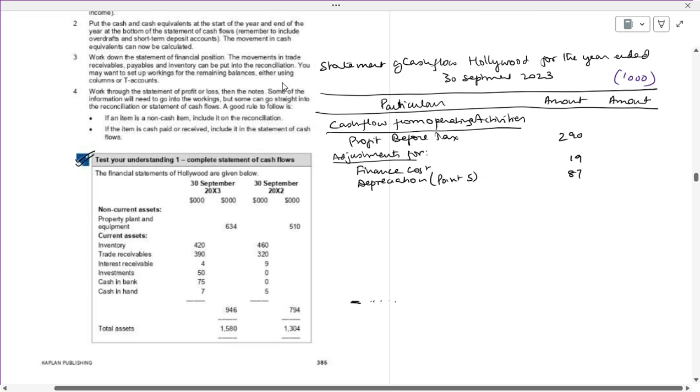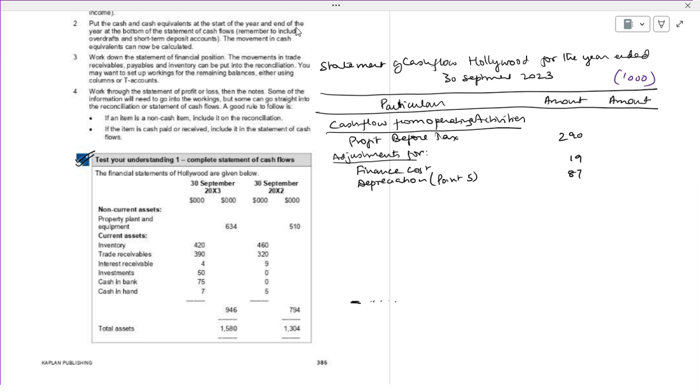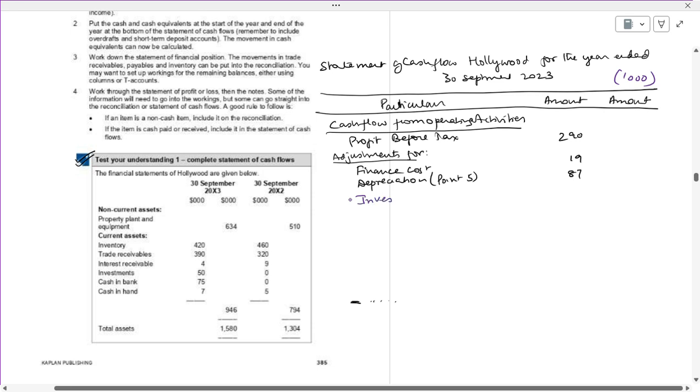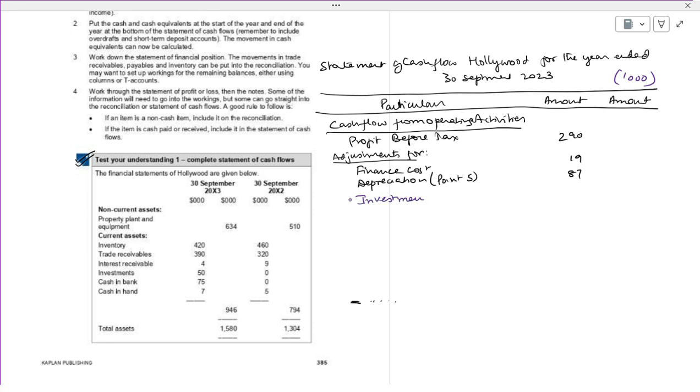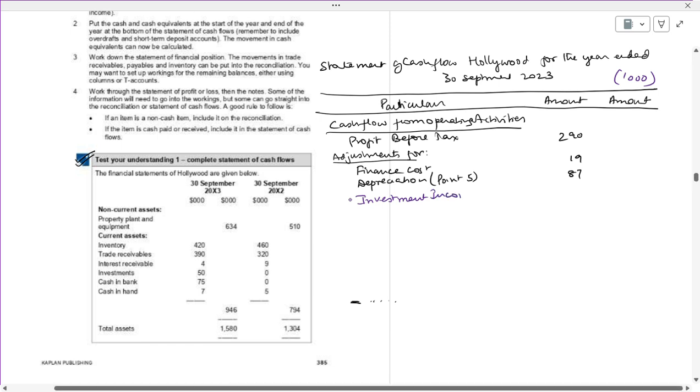What do we have to do? Minus. Next, anything else?